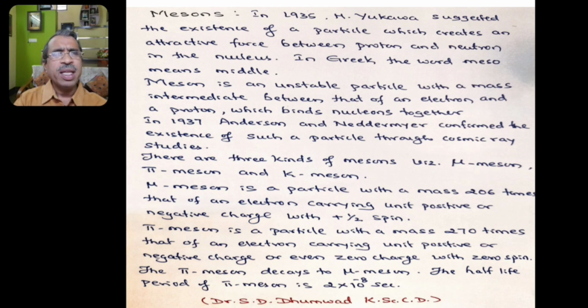Pi meson is a particle with a mass 270 times that of an electron, carrying unit positive or negative charge or even zero charge, with zero spin. The pi meson decays to mu meson. The half-life period of pi meson is 2 into 10 raised to minus 8 seconds.